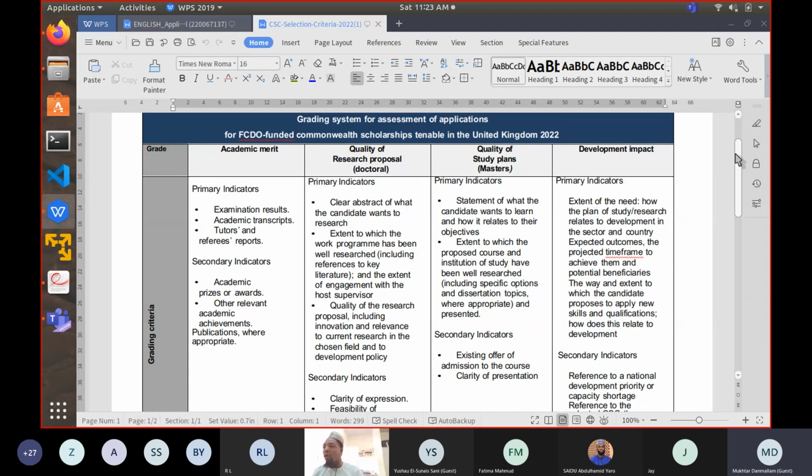For example, if you are working on climate change and you choose a particular course that has to do with climate change, then in your personal statement, what experience do you have related to climate change? What have you done, and what do you want to do in that area that this particular study will help you achieve, the goals that you set in climate change? So that is the statement.